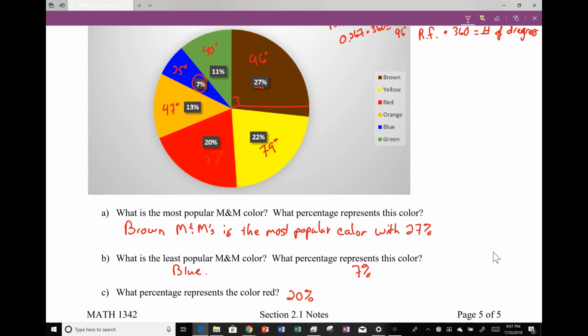I want to add a couple of questions here. If a bag has 50 M&Ms in it, how many orange M&Ms would there be?